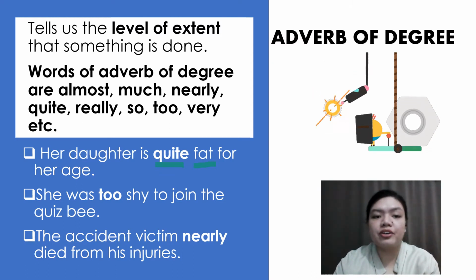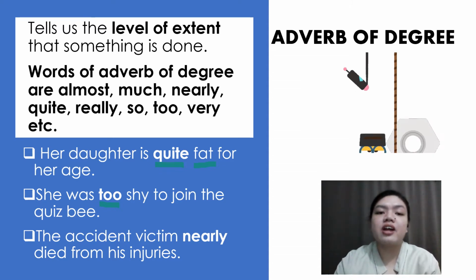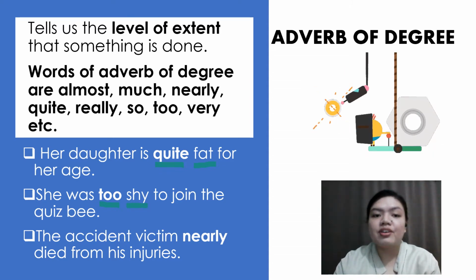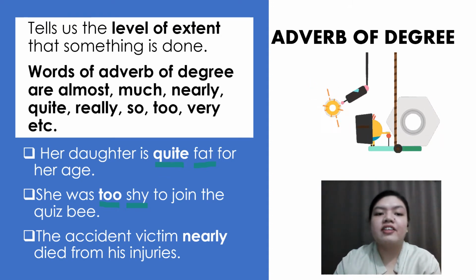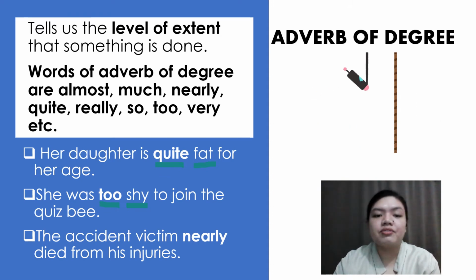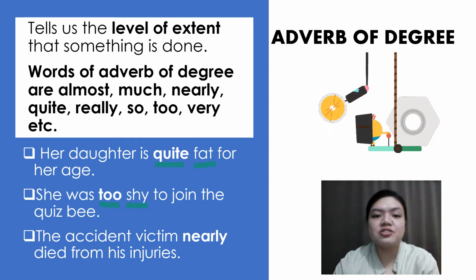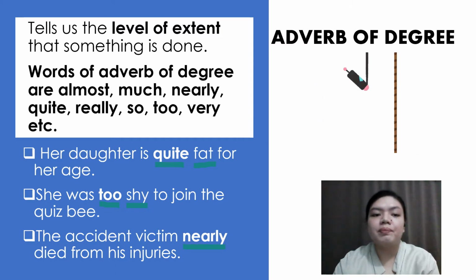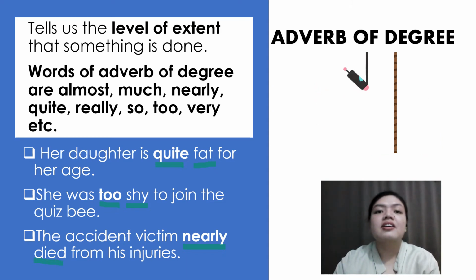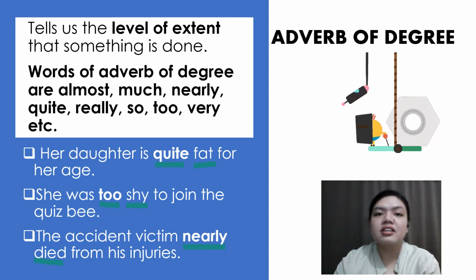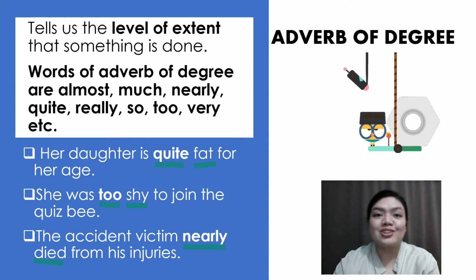Our adverb of degree is too, which describes the adjective shy. That's the extent of the shyness. And then the last one, the accident victim nearly died from his injuries. Nearly describes the verb died, which tells us the extent of the injuries that he got based on his condition.